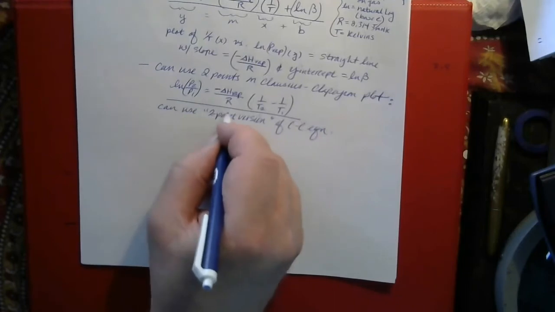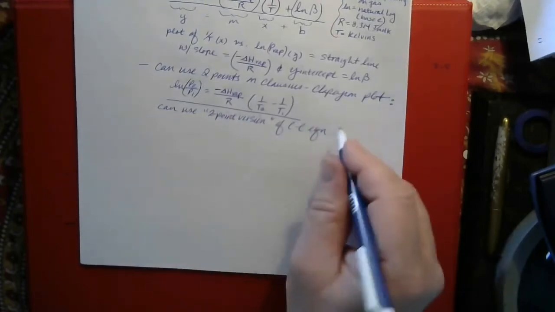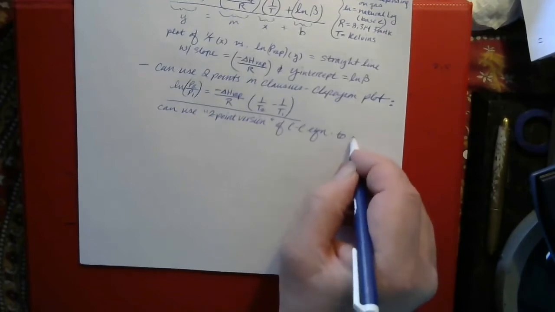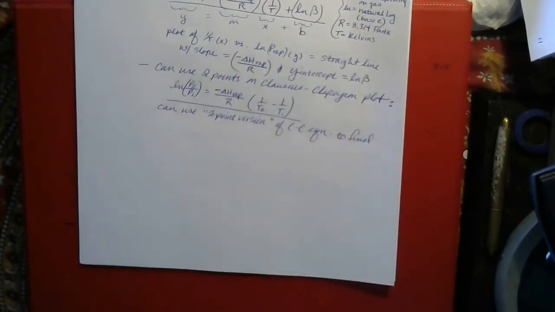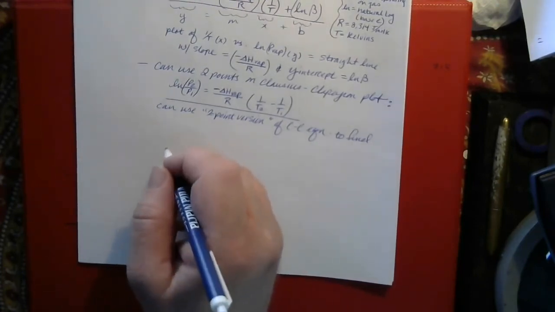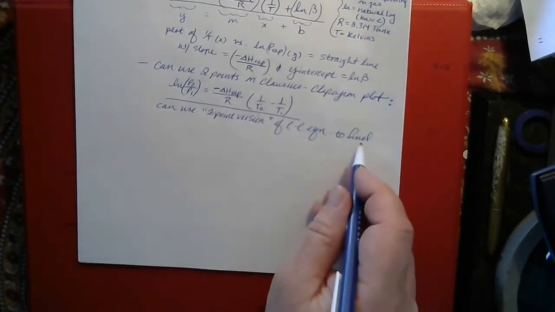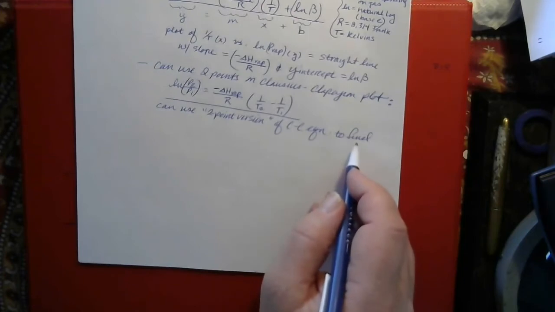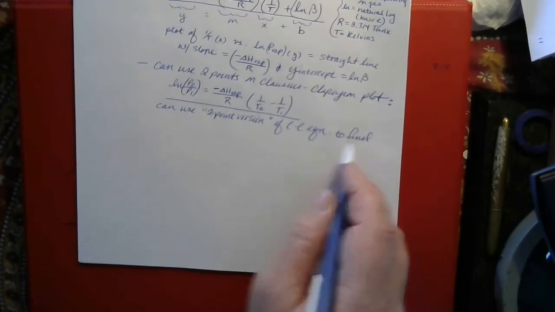So this is known as the 2-point version of the Clausius-Clapeyron equation, to basically find the vapor pressure of a liquid at any temperature if you know its heat of vaporization.